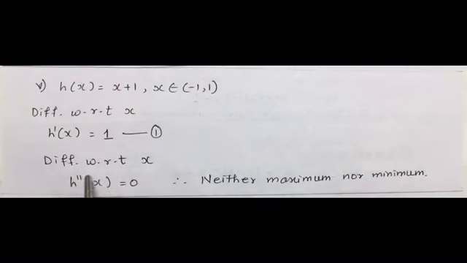Now to calculate the maximum and minimum value, we have to take up the second derivative. So again differentiating 1 with respect to x, we get h double dash x is equal to 0, because it is a constant, and the derivative of a constant is 0. So we can say here, as the second derivative is equal to 0, the function is neither maximum nor minimum.